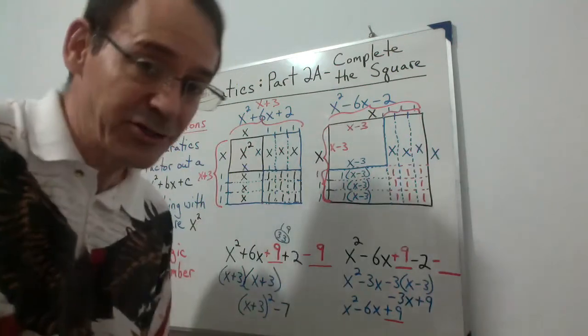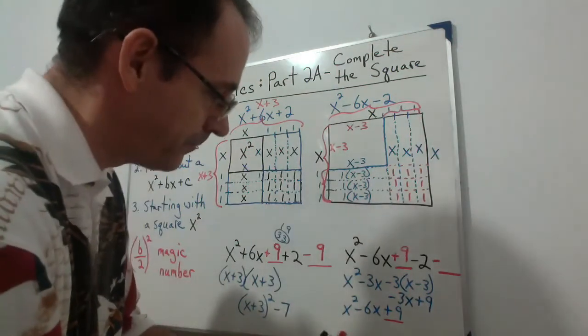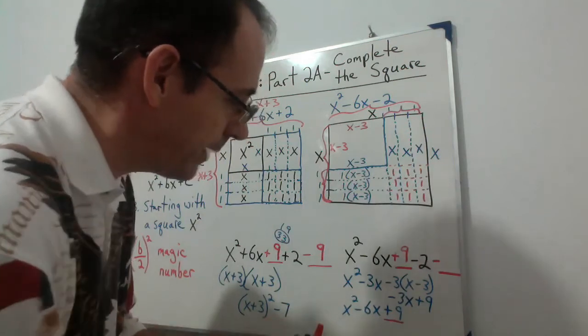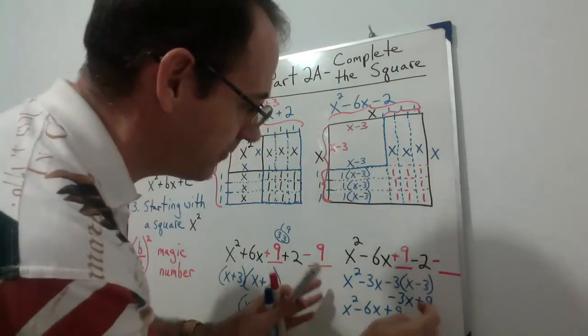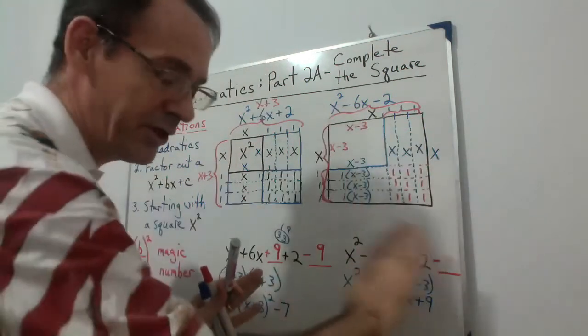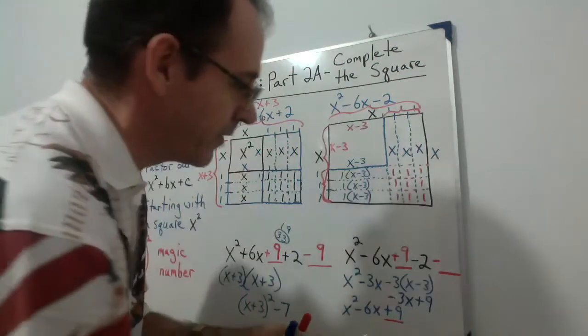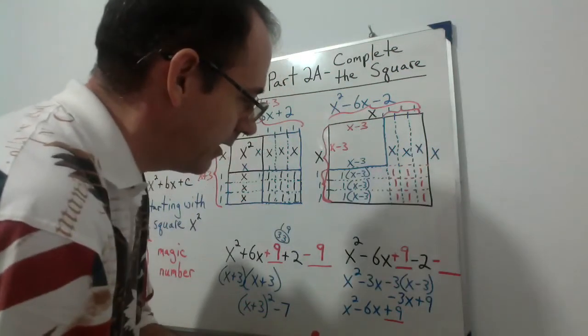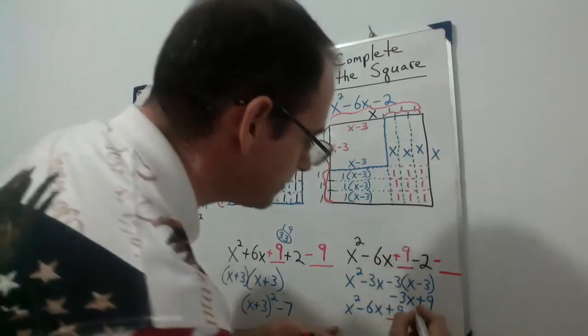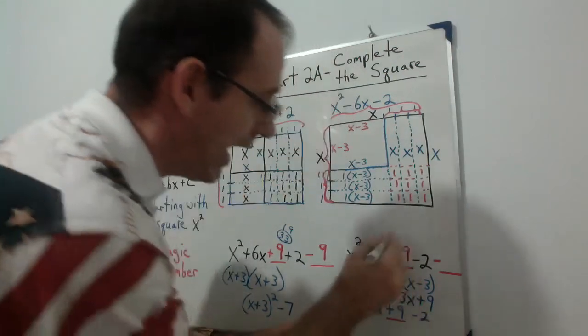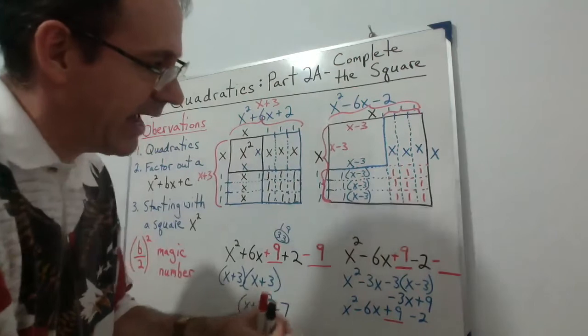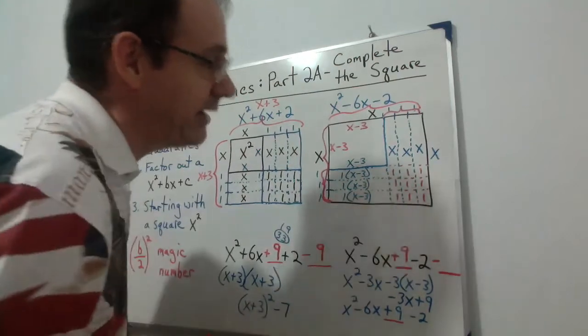So that actually is the magic number. When you follow this minus 2 out here, all of this is for the square. Remember, the 2 doesn't matter. So we still have our minus 2, and we added the 9. The 9 came from right here.